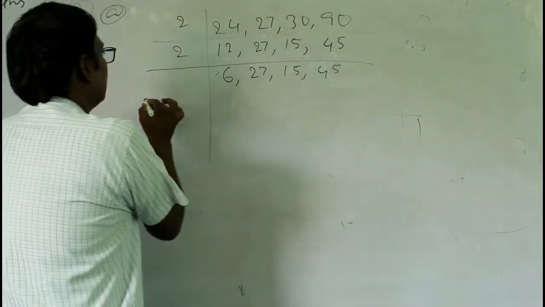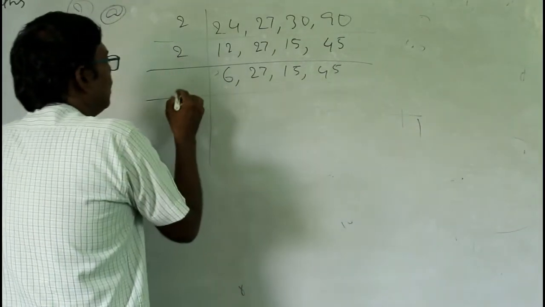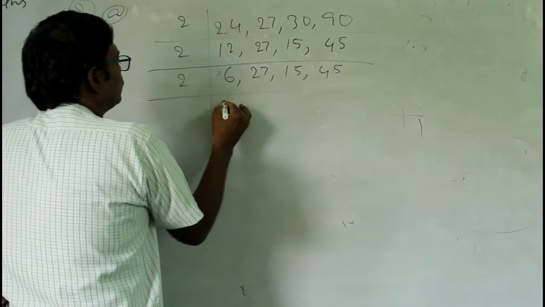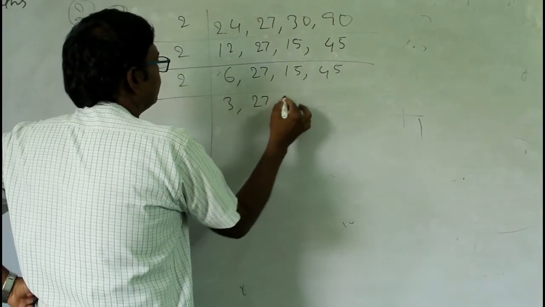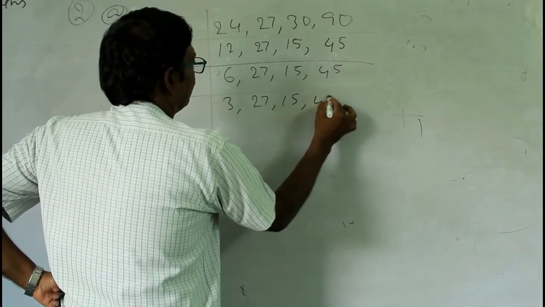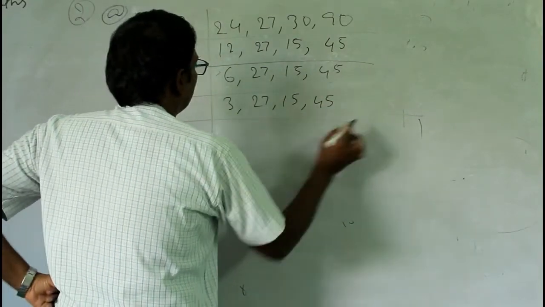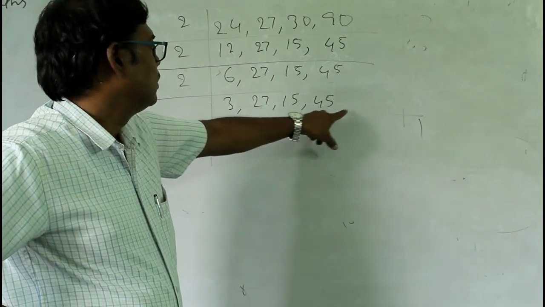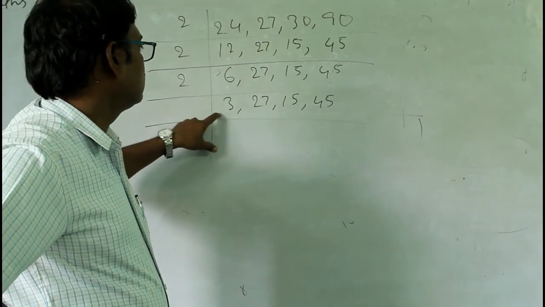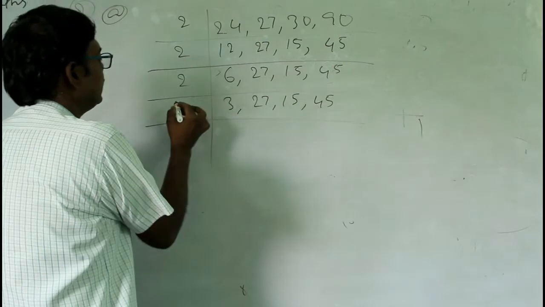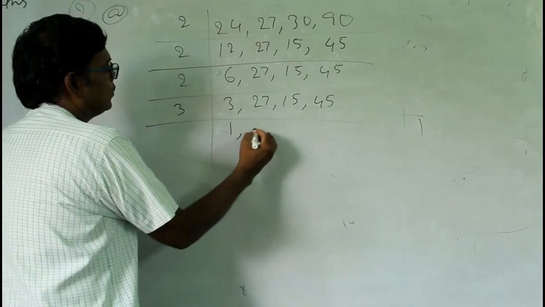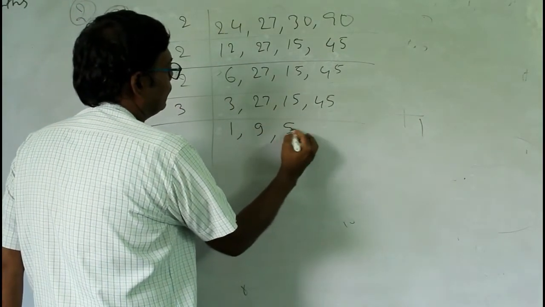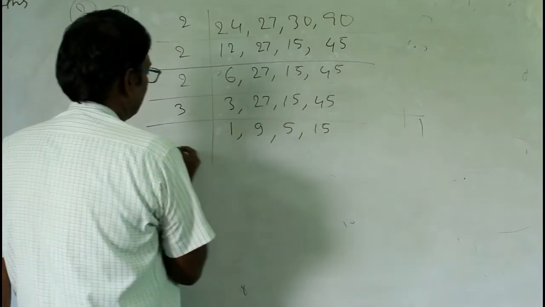Okay, now again 6 is divisible by 2, so write here 2 threes are 6, then 27. Now see that in these 4 numbers, no number is divisible by 2, so you will start with 3. So 3 ones are 3, 3 nines are 27, 3 fives are 15, and 3 fifteens are 45.